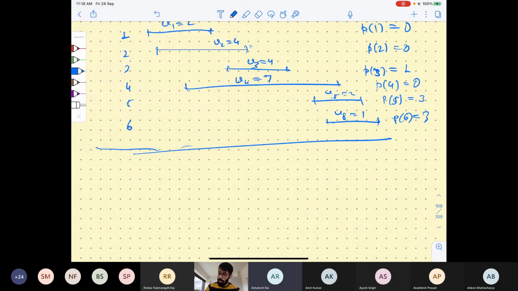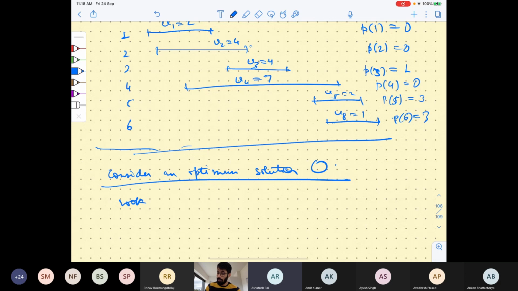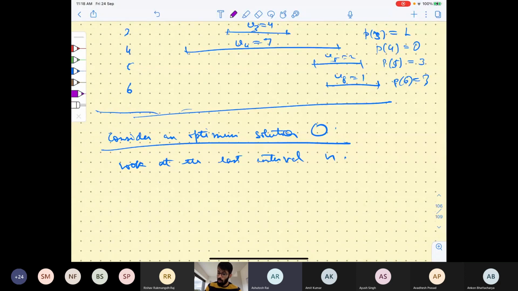So now we consider an optimum solution, O. Now look at the last interval, n. Now there can be two cases.